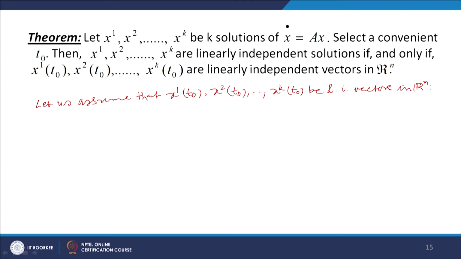Then we have to prove that x1, x2, xk are linearly independent solutions. So, we shall prove it by the contradiction method. So, assume that x1, x2 and so on xk be linearly dependent solutions.